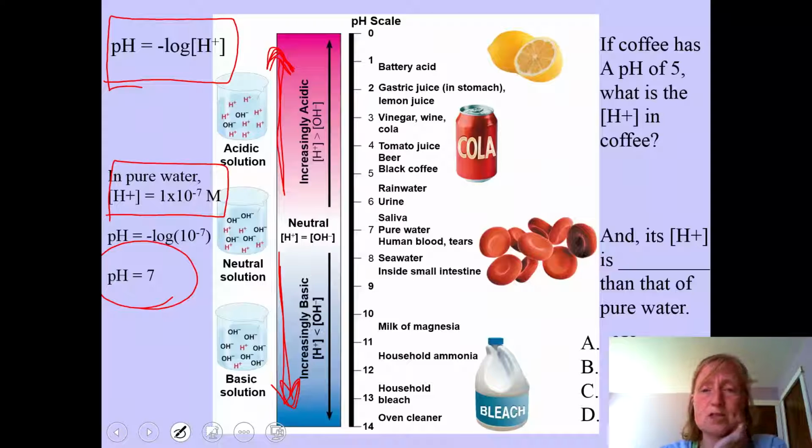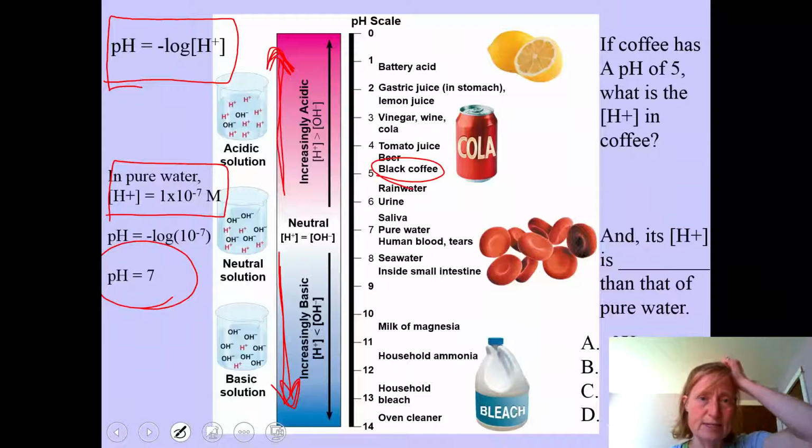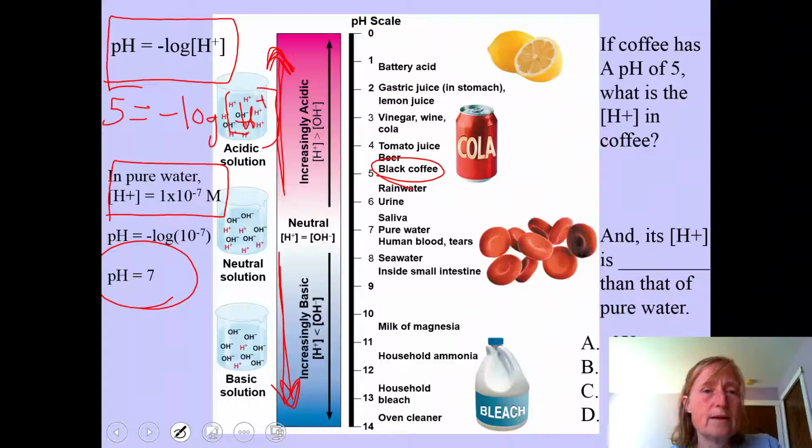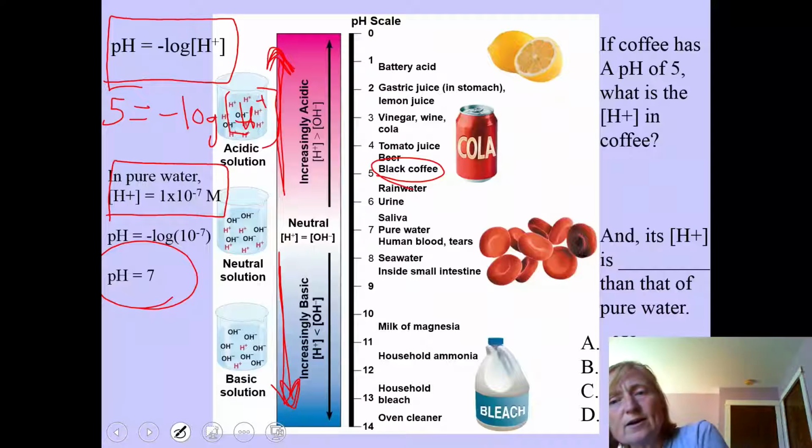And we'll take a look at how this works. So let's look at something like coffee. Here sits coffee at about a pH of 5. What's the concentration of protons in coffee? Well, you can work backward, or you can use our example of water to sort this out. If the pH is 5, the concentration of protons is 1 times 10 to the negative 5th molarity.